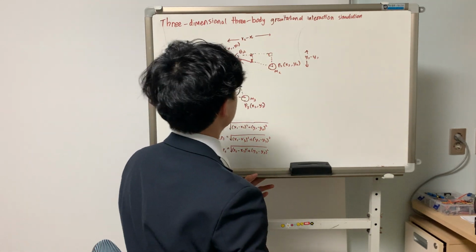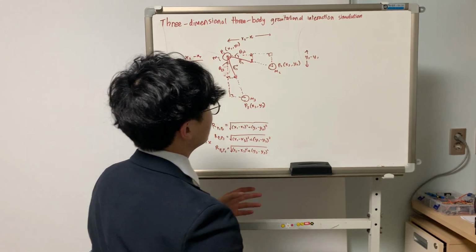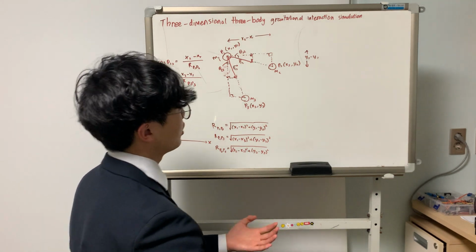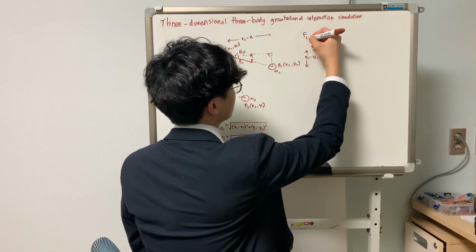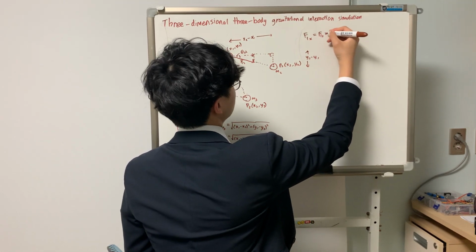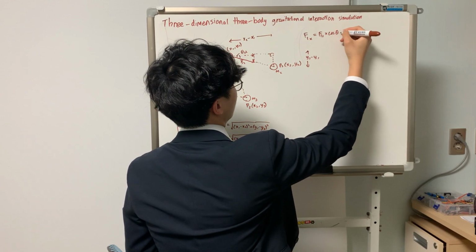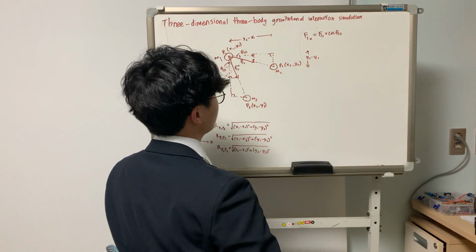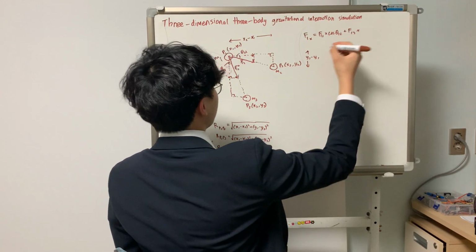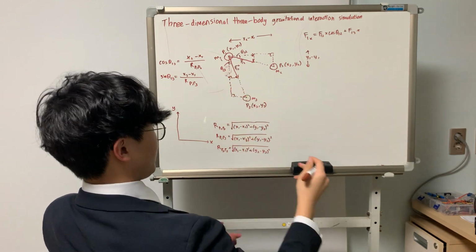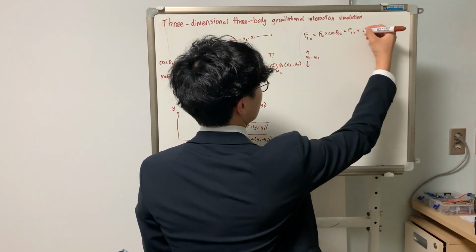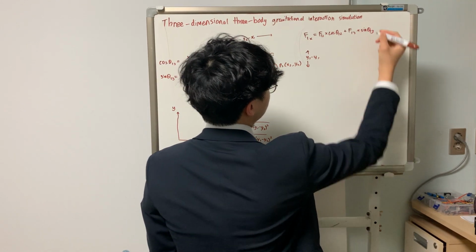So we could say that the x component of the force acting on object 1, which I'm going to say is F1 of x, is going to be equal to F12 times cosine of theta 1, 2. And here it's going to be different. It's going to be F1, 3 times sine, because it's the opposite side now that we are talking about. So F1, 3 times sine of theta 1, 3.